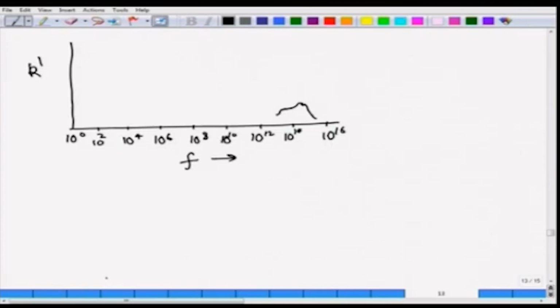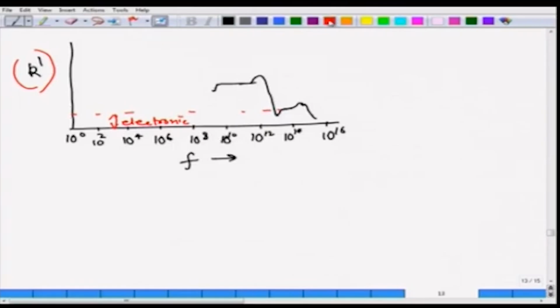So somewhere here is electronic. Due to electronic reasons, we are having this K prime. Then if you go to slightly lower frequencies, up to about 10 to the power 9, I'm going to draw something like this, and smoothly join this.